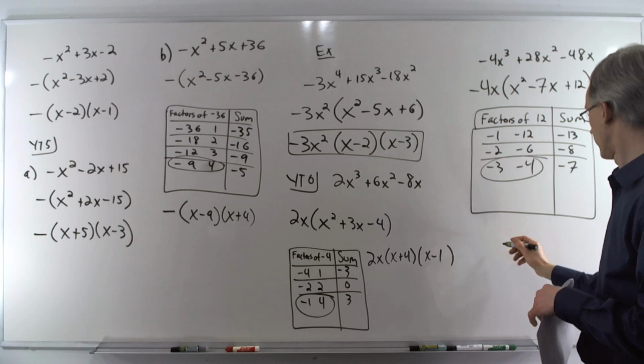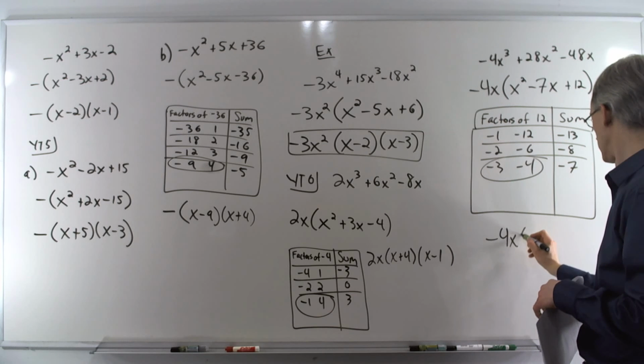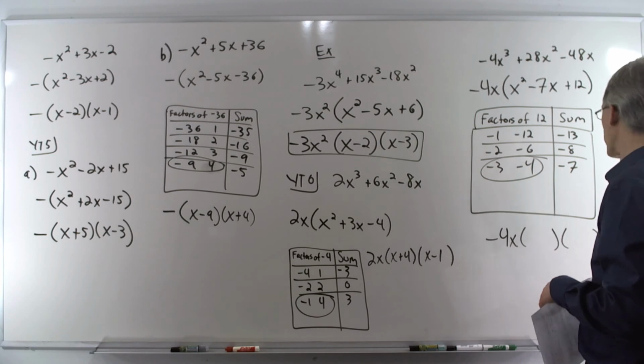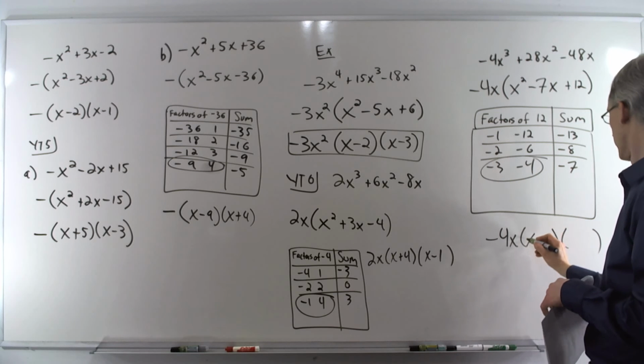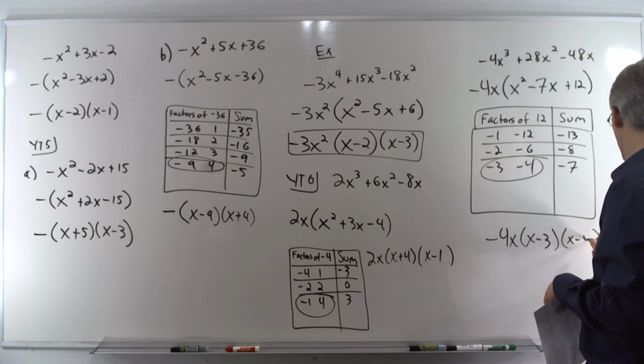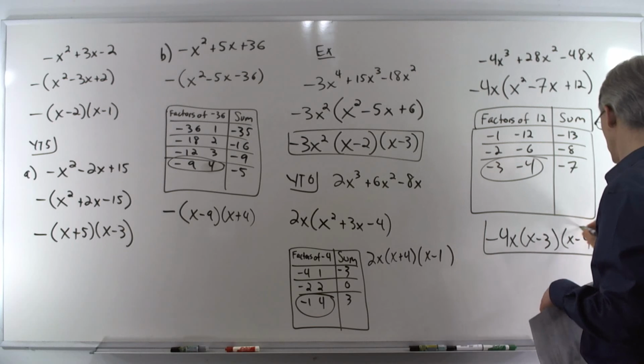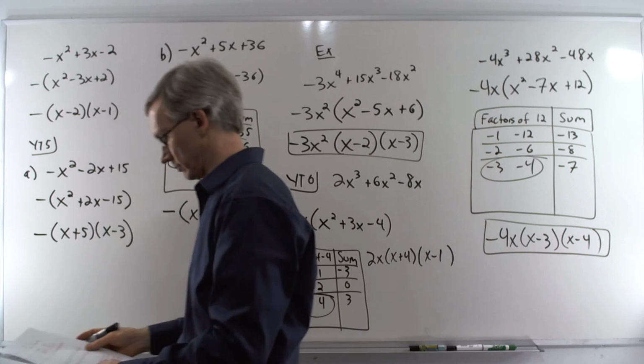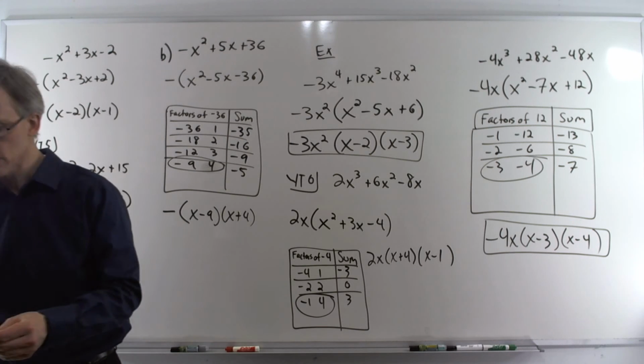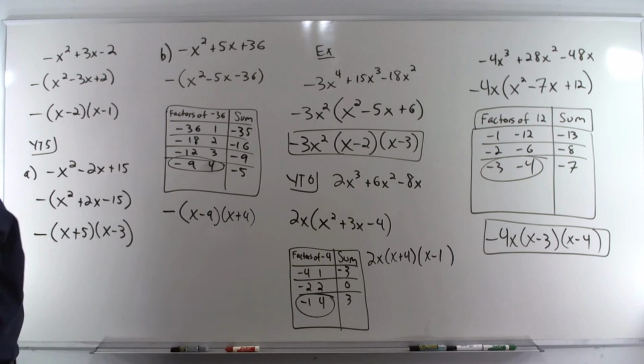So bringing down the -4x, we're going to use these two numbers, so x minus 3, x minus 4. And that brings us to your term number 7.